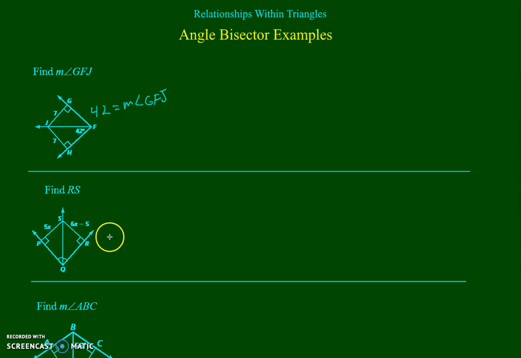The next example is not much more difficult. We see that ray QS is the bisector of PQR. Therefore, this point is equidistant from the sides of the angle. So we know that 5x equals 6x minus 5.